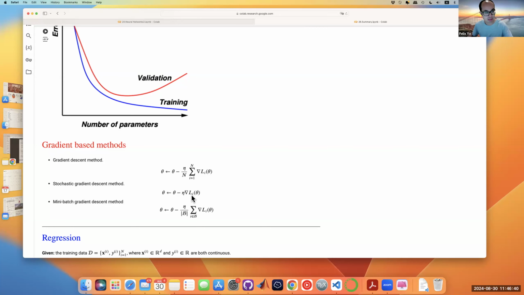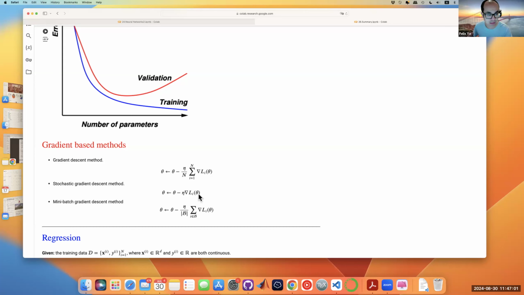And the stochastic gradient descent is where we only calculate the gradient of one sample point, so we update theta with only one sample point.